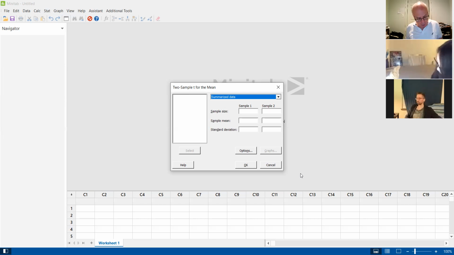Assuming normal populations with equal standard deviations. What does that mean? We're going to use the pooled variances. Does it appear that the average number of television hours per week could be equal for these two populations?